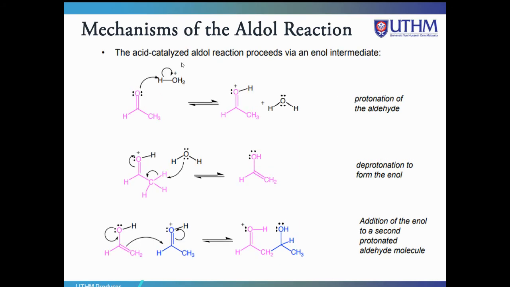The acid catalyzed aldol reaction continues with protonation of the aldehyde, and then deprotonation to form the enol. The next step is the addition of the enol to a second protonated aldehyde molecule, producing the intermediate.